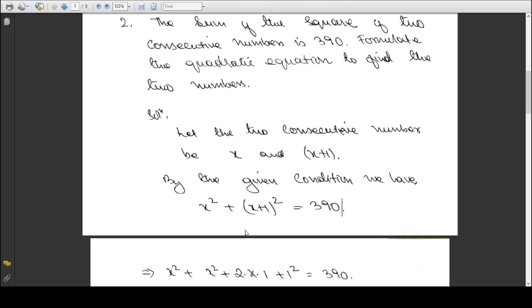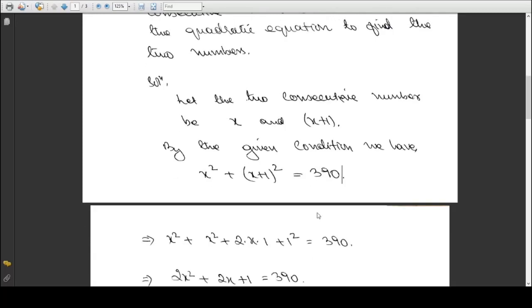Now simplifying this, x squared and x plus 1 squared, you utilize the identity (a plus b) whole squared to expand the second term.